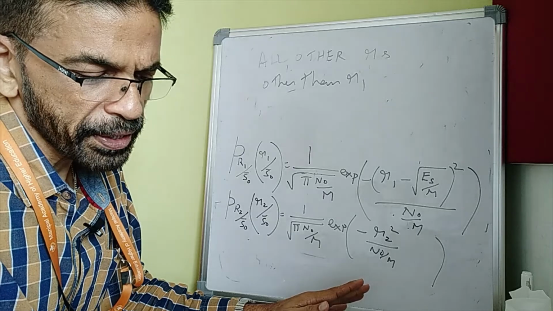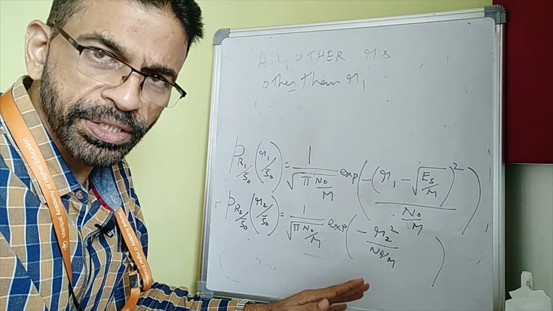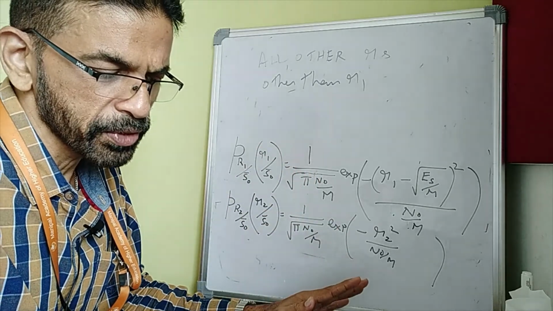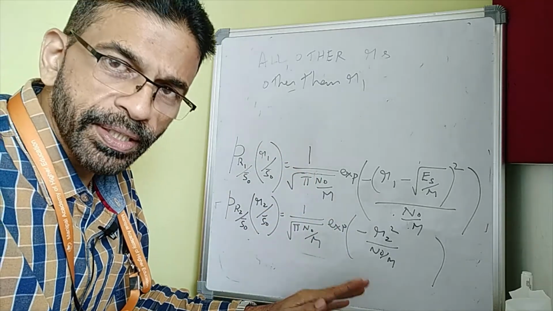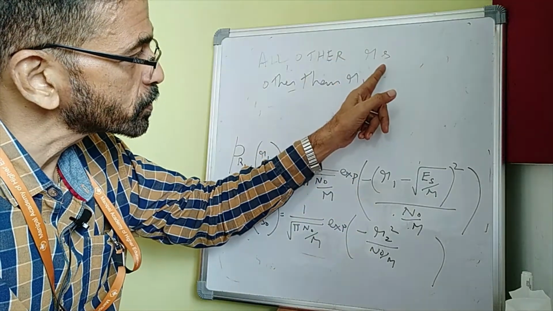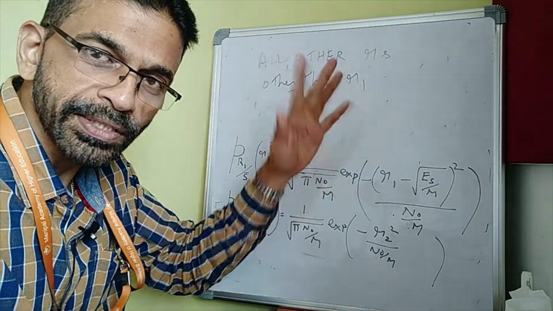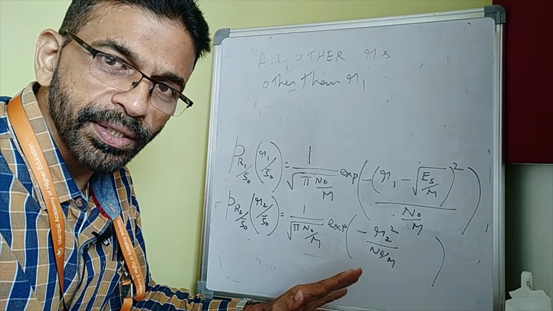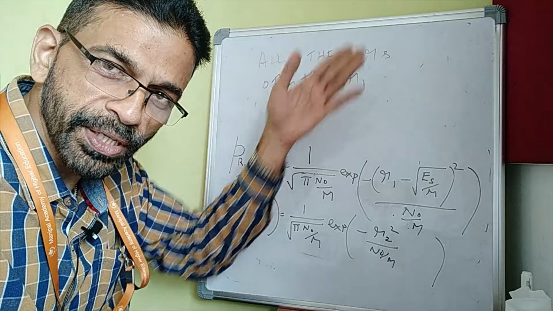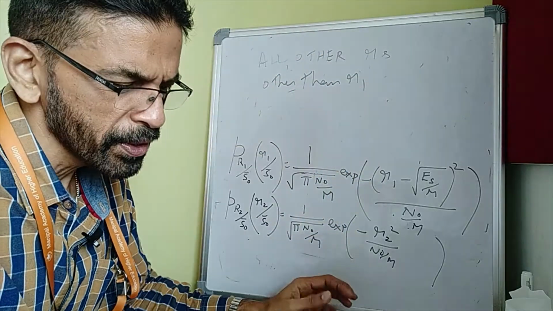transmitted. So a correct decision is taken, or if I put it in other words, the symbol is detected correctly in this case when all other R's other than R1 take a value less than R1. In that case, naturally R1 becomes the largest and the decision is taken correctly.